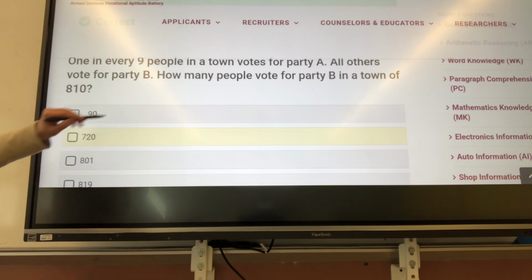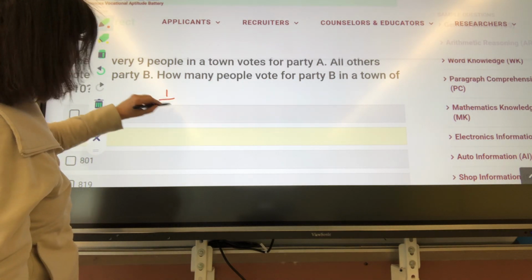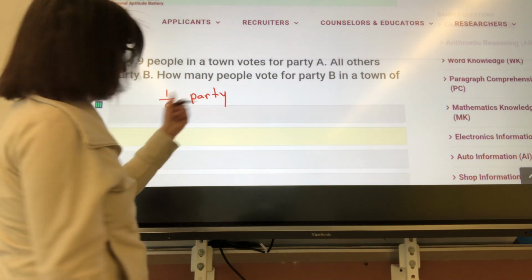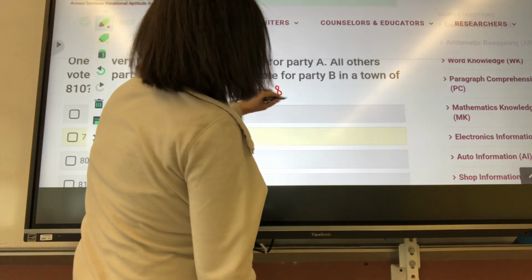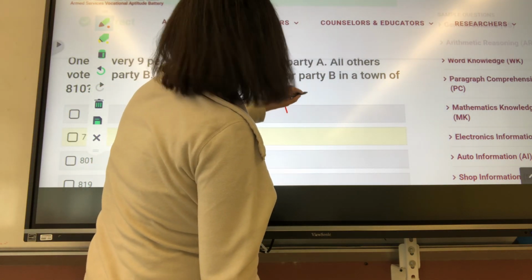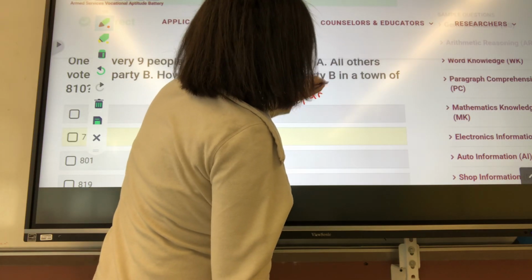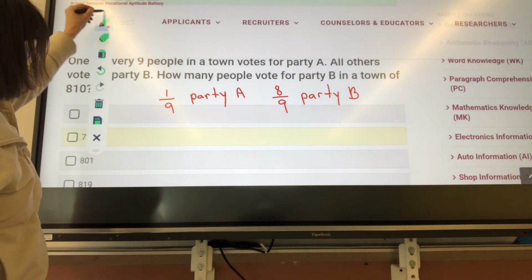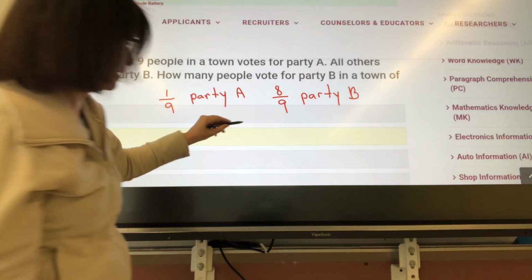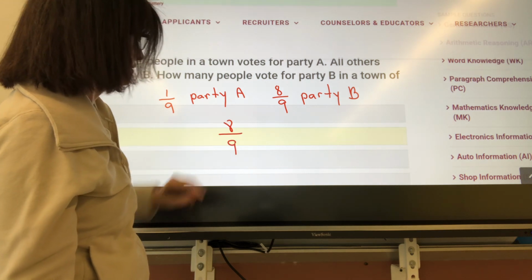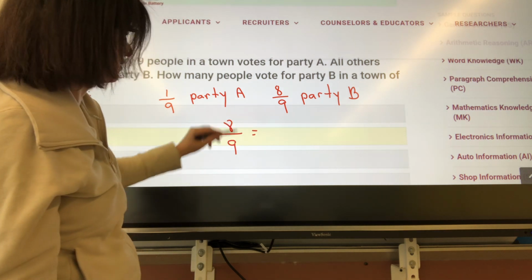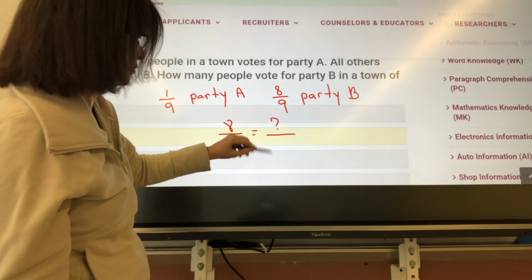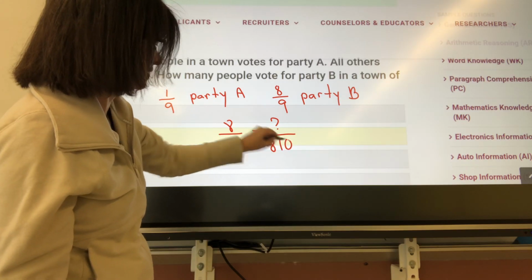So I know that if 1 out of 9 people vote for Party A, then that means that in a total of 9 people, 8 out of 9 people will have to vote for Party B. And if my total population is 810, then if 8 out of 9 vote for Party B, how many people will be voting for Party B in a total population of 810?